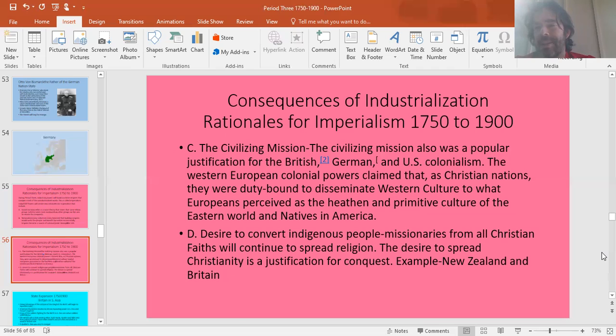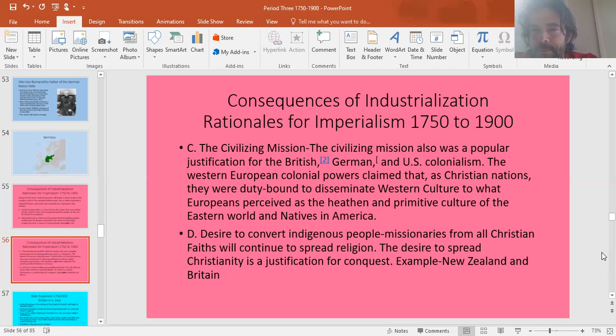And what I need you to understand is, why are the British going to be able to conquer India? Why are all the European states, the United States and Japan going to carve out territories for themselves in China? And I'll explain what those are later. Why are all these powers, except for Russia and Japan, going to have colonies in Africa?